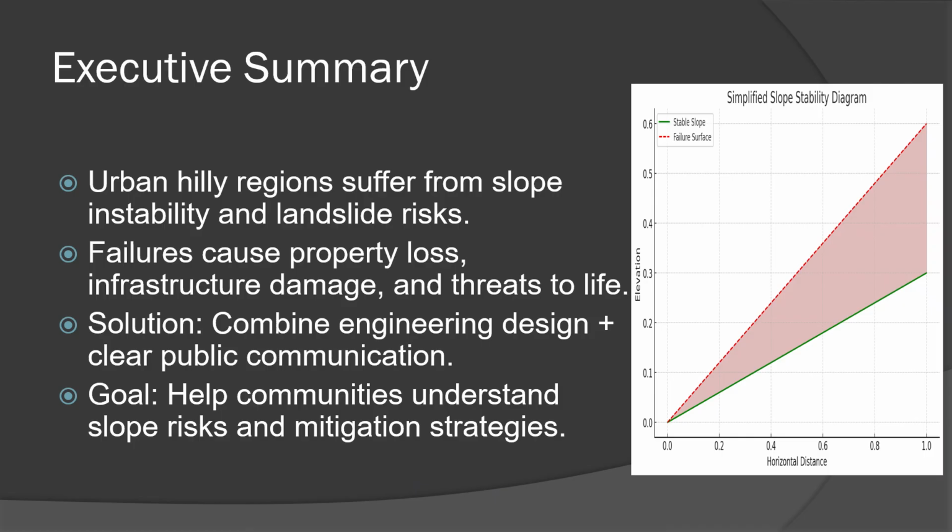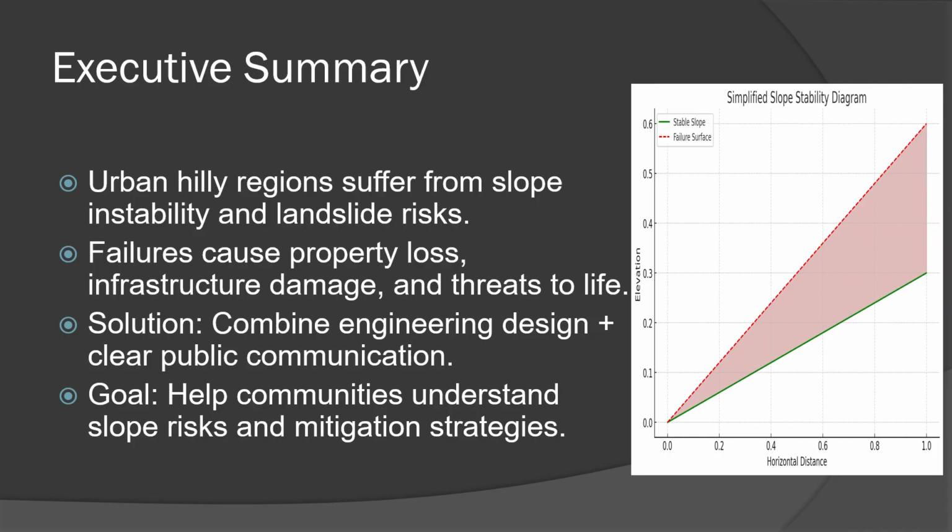Okay, so here is the core issue. We know that hilly regions are prone to landslides, and when they fail, we lose infrastructure, property, and unfortunately, sometimes lives. So, if you look at this diagram, it simplifies the technical challenge. This green line, that's the stable slope. That's where we want to be.